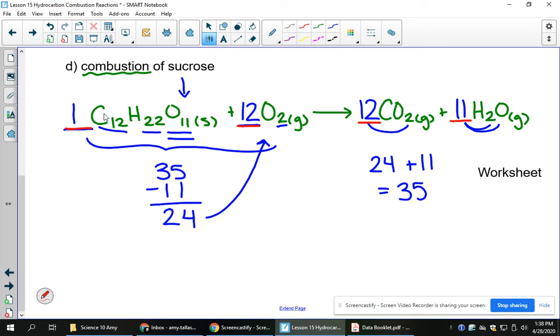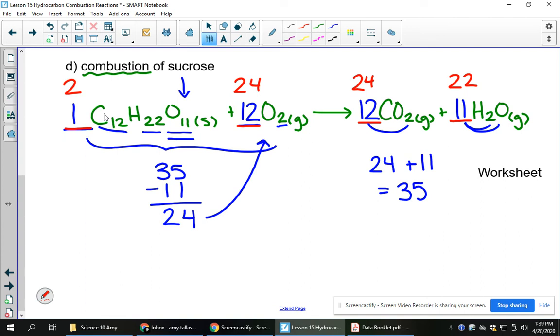But sometimes we see people who maybe put a 2, a 24, a 24, and a 22. Do you see how every single one of the red numbers can divide by 2? That means it's not fully simplified. That's what we're looking for when we balance equations. So if you notice that you've done that, you just need to divide them all by 2 and you'll get the correct answer. We always put our coefficients in simplest form.